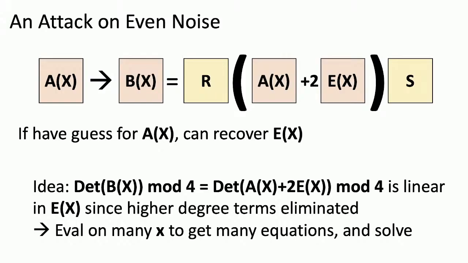So you get a bunch of linear equations mod 2 in the entries of E of X, and you can just solve that using linear algebra, because you get exponentially many, as many evaluations of this as you want. At least heuristically, we would expect this to be solvable, and it tells you E. And once you know E, you can just strip it off, and you're not secure anymore.